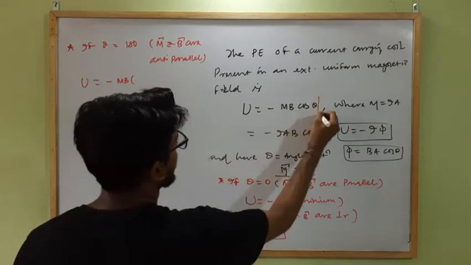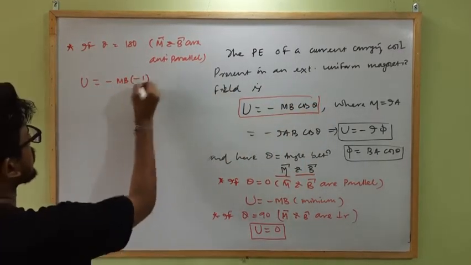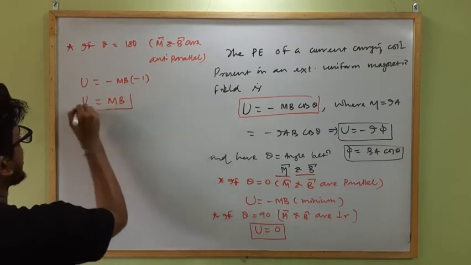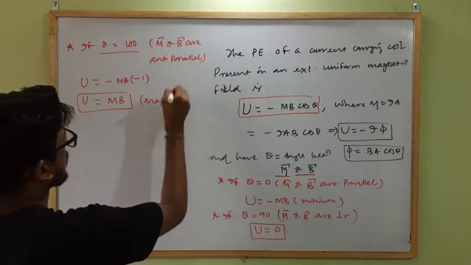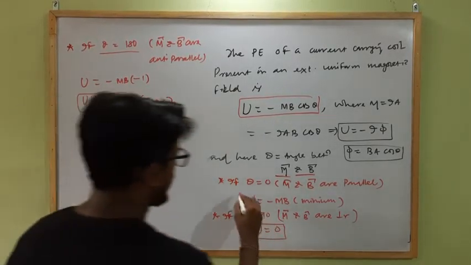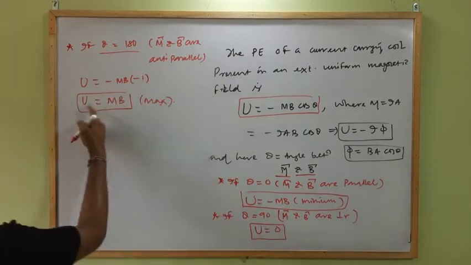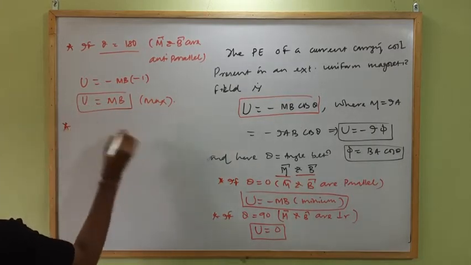Here the expression for U is minus mb, cos 180 will be minus 1, so minus mb into minus 1 equals mb. So U is mb when theta is 180, that is maximum. Clear? Here U equals minus mb, minimum, here U equals 0, and here it equals mb, maximum. So from these three cases, we conclude what?